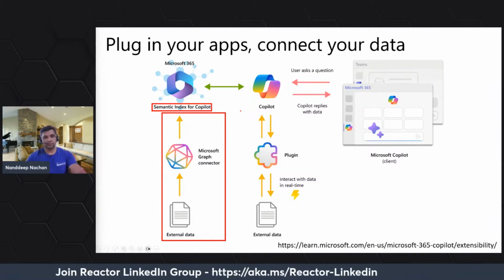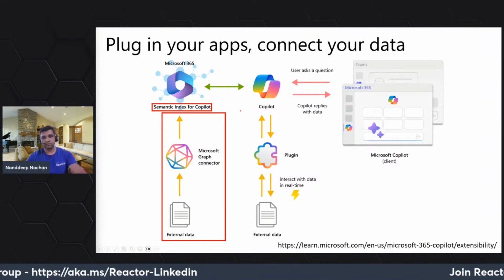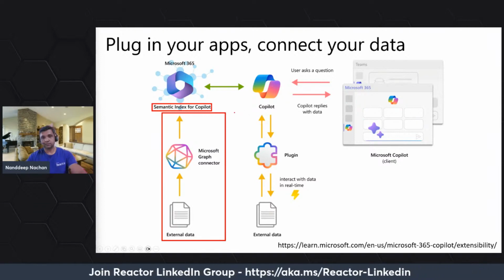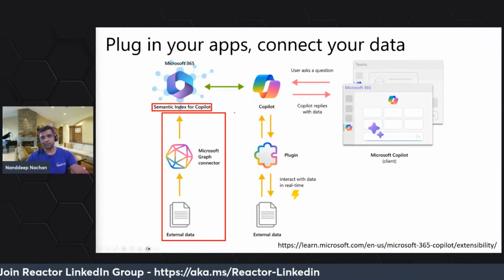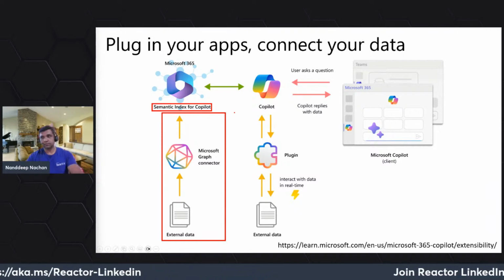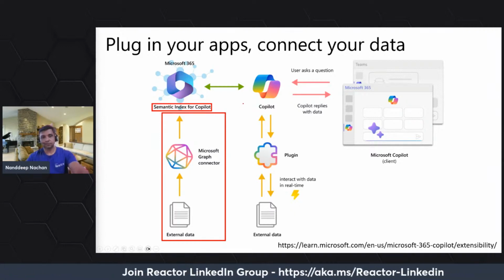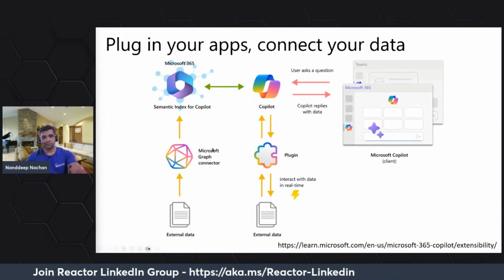This system understands the meaning behind the words and phrases, so it can provide more relevant search results, and additionally it respects security roles, ensuring that users only see the content they are allowed to access. Overall, the semantic index enhances the search experience within Microsoft 365 by making it more efficient as well as more accurate.